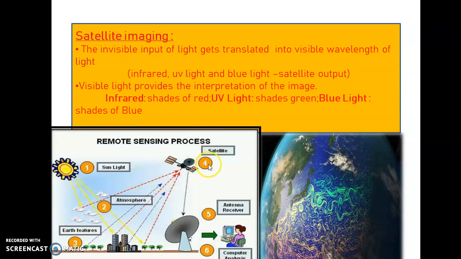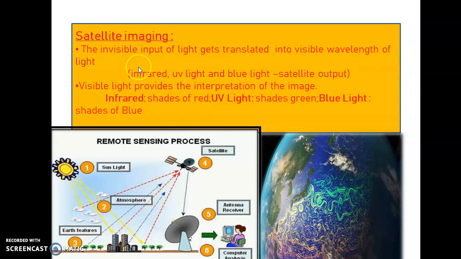These signals are received by this antenna, and from this antenna it is connected to a computer so that a person or analyzer can detect whatever we want to know based upon this data.